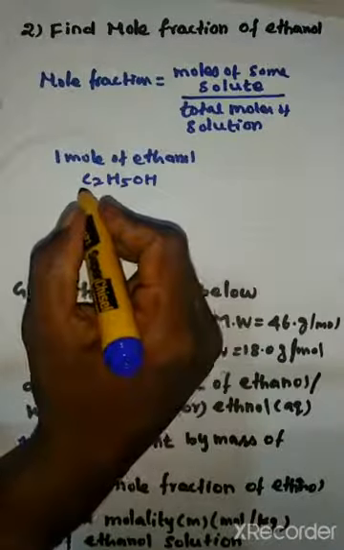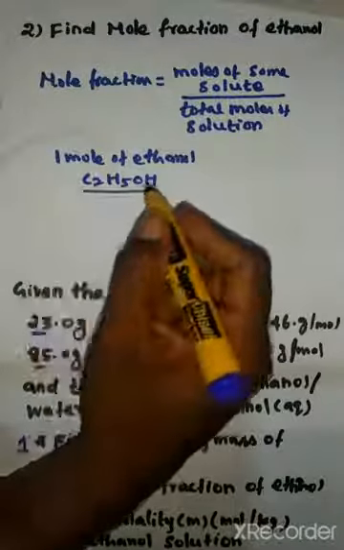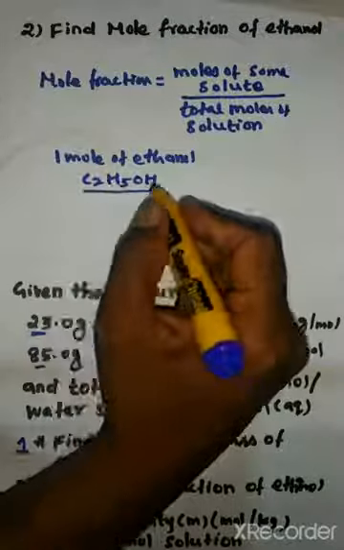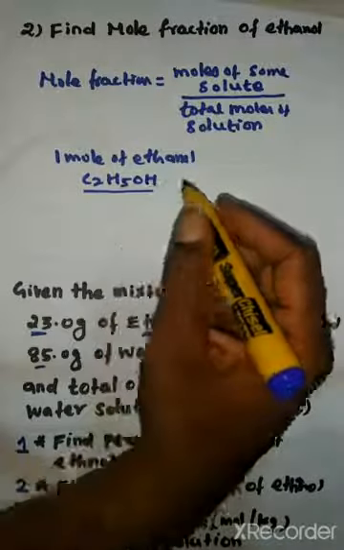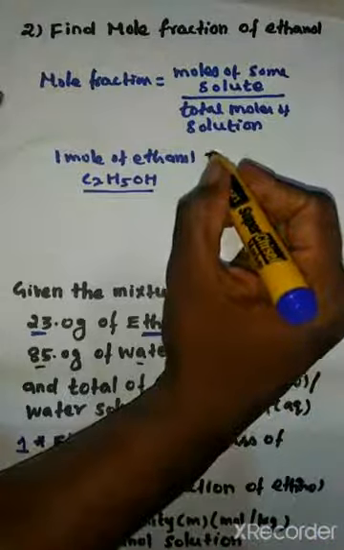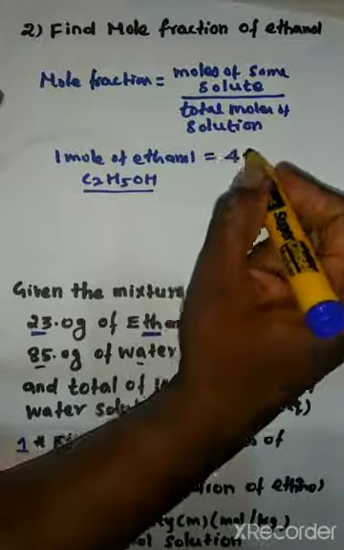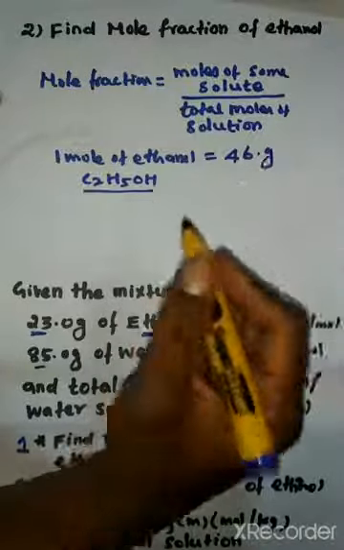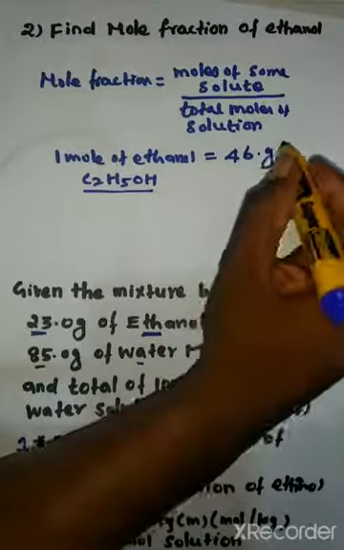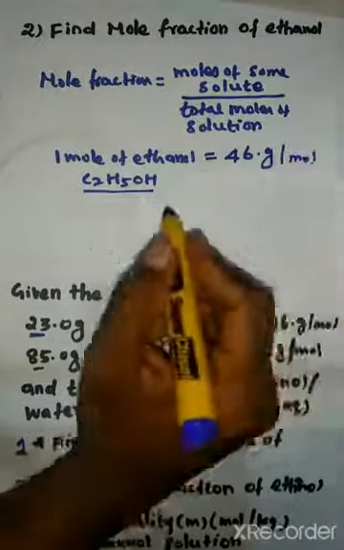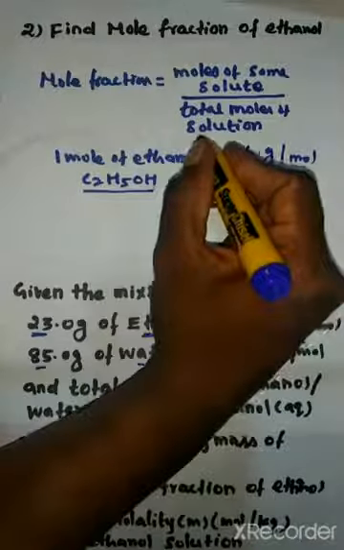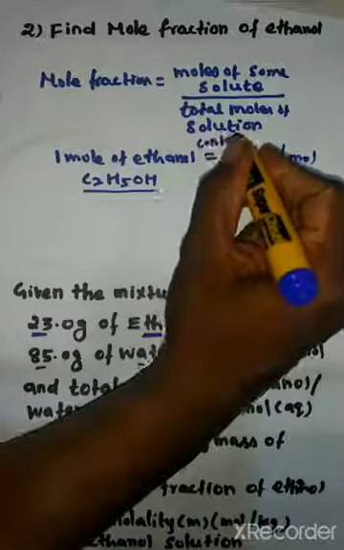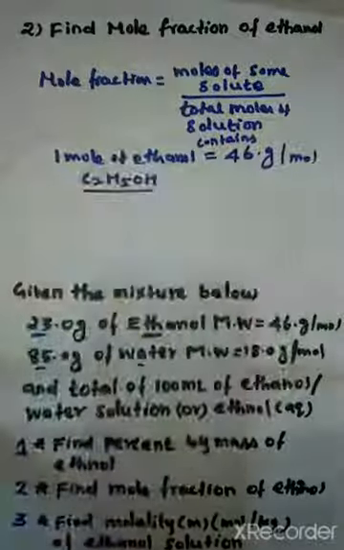If we calculate the atomic mass of these atoms present in the ethanol, we will get 46 gram, that is 46 gram per mole. So 1 mole of ethanol contains 46 gram per mole.